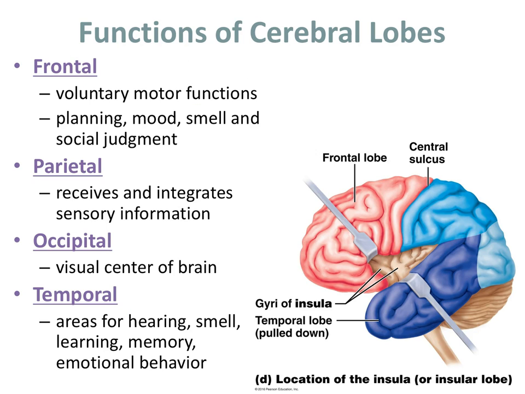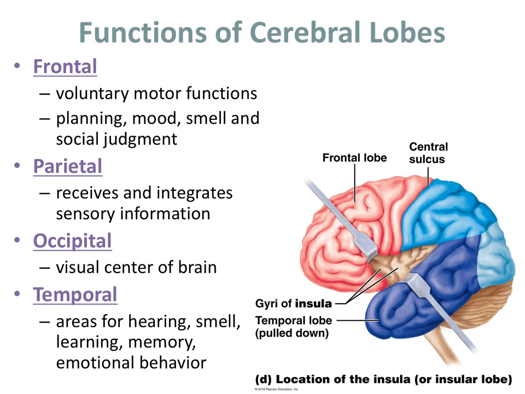The function of the cerebral lobes: the frontal lobe has voluntary motor functions, so it has the motor planning area, and it also deals with planning, tasks, mood, smell, and social judgment, so risk versus reward behavior, and whether the behavior should be undertaken or avoided.